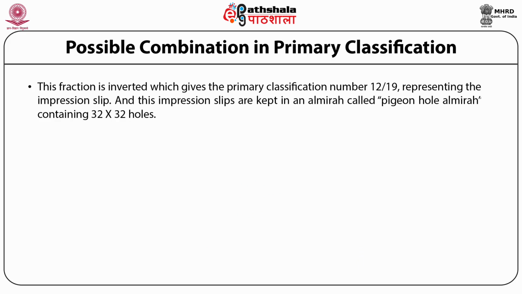This fraction is inverted, which gives the primary classification number representing the impression slip, and these impression slips are kept in almirah called pigeonhole almirah containing 32 multiplied by 32 holes.